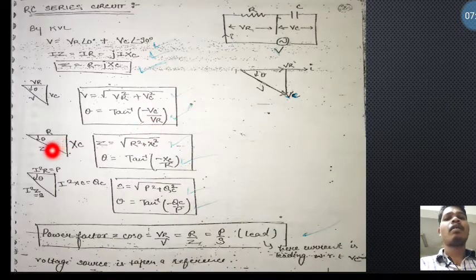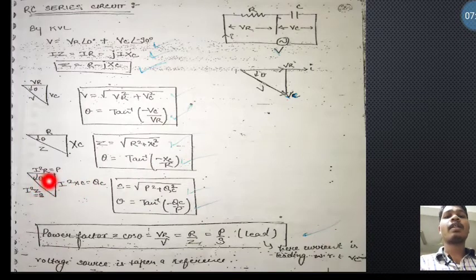In the impedance triangle of the resistance and capacitance elements, resistance is the base, XC is the perpendicular, and the resultant is Z. So Z is equal to root over R square plus XC square, and theta is equal to tan inverse of minus XC divided by R.